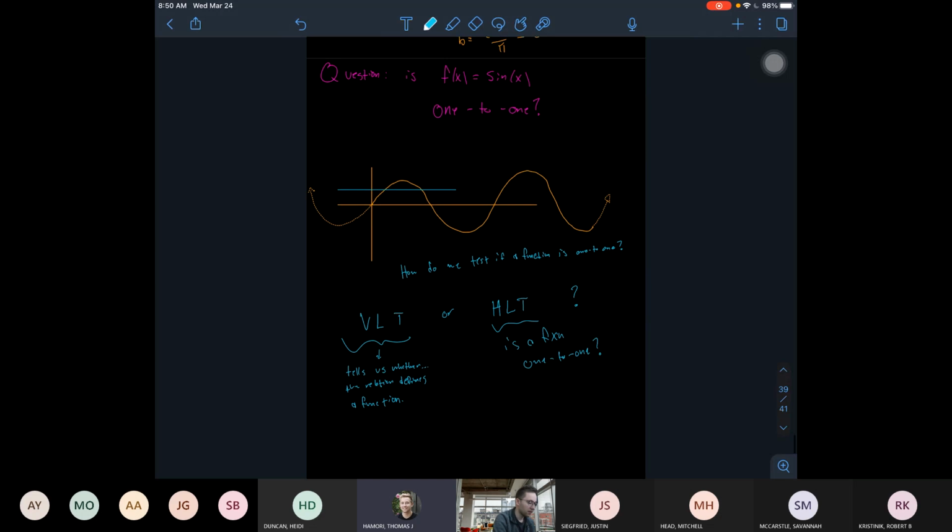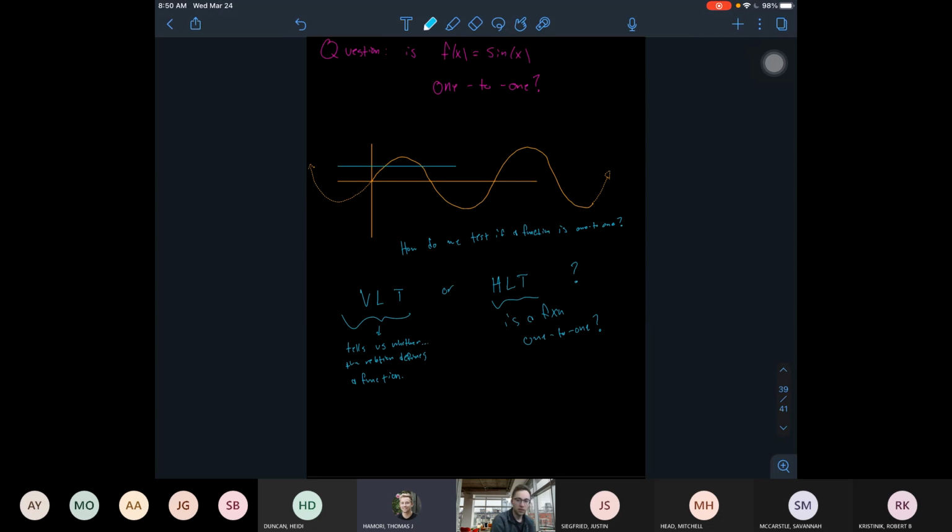Okay. So if a function fails the horizontal line test, then we can expect a negative result for the question, is that function one-to-one? Well, we had the horizontal line test and it failed miserably.